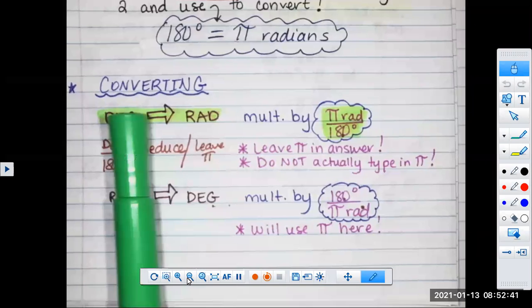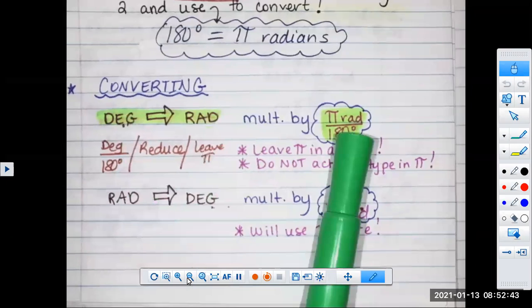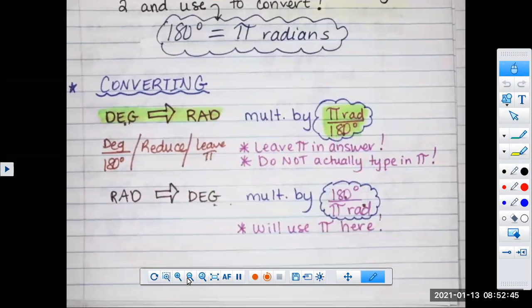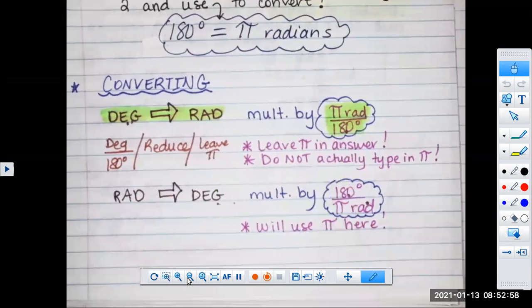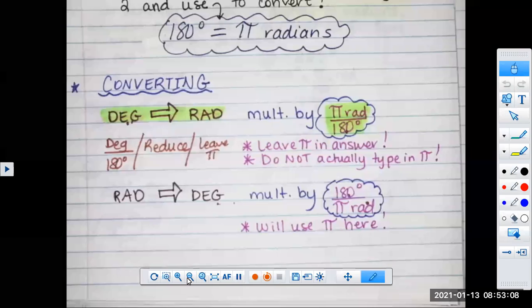If you're going from degrees to radians, you want degrees to cancel, so it has to be on the bottom. Most of the time when you're converting to radians, you're going to leave pi in your answer and not actually type pi into your calculator. And you'll see what I'm talking about in a minute. But sometimes you will type in pi. So it's kind of confusing, but I'll show you what I'm talking about.